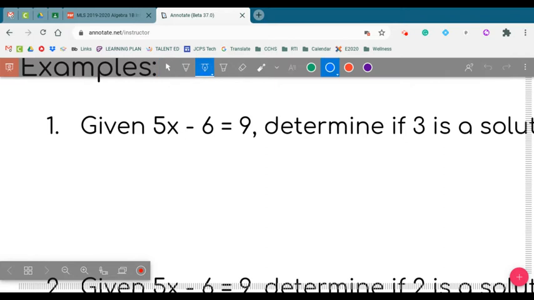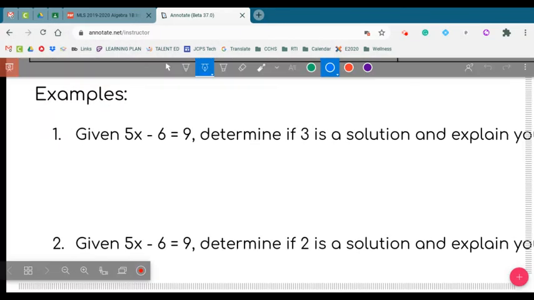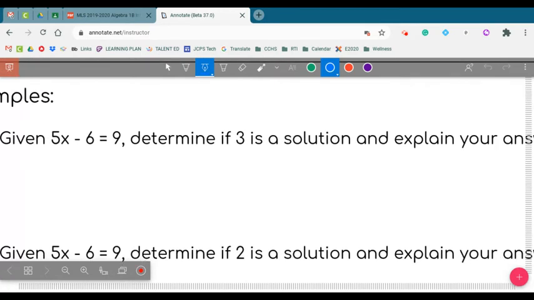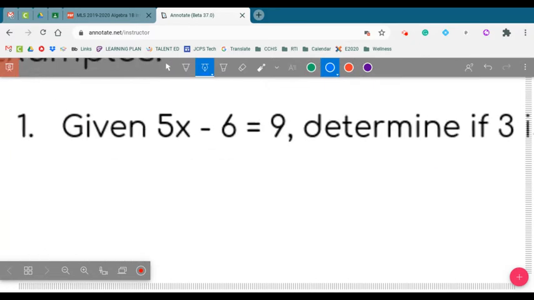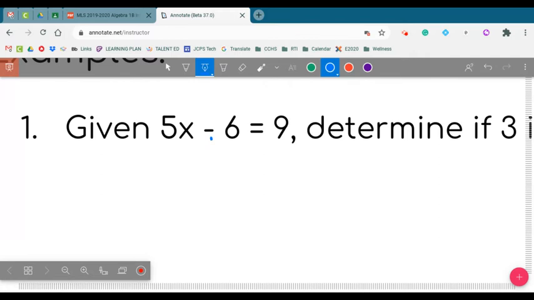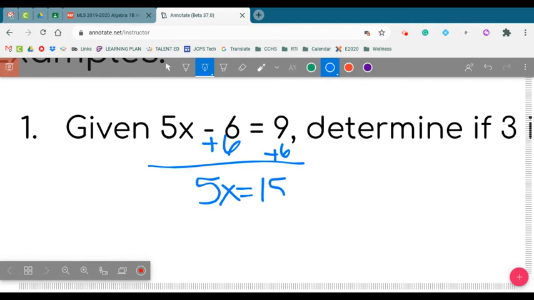So for this one, it says given 5x minus 6 equals 9, determine if 3 is a solution and explain your answer. So an important part of this is you have to explain. So yes, it is a solution, or no, it is not a solution. So I am going to first solve this one. So I'm going to add 6. I get 5x equals 15.